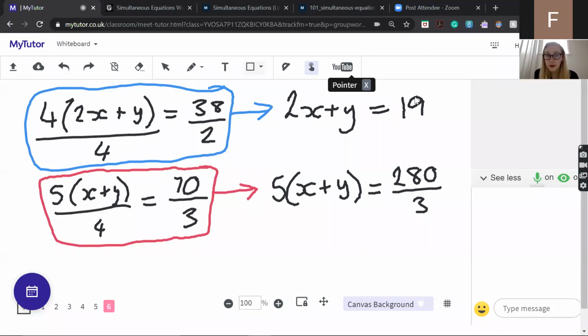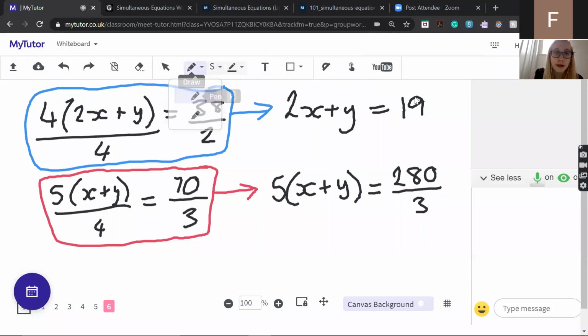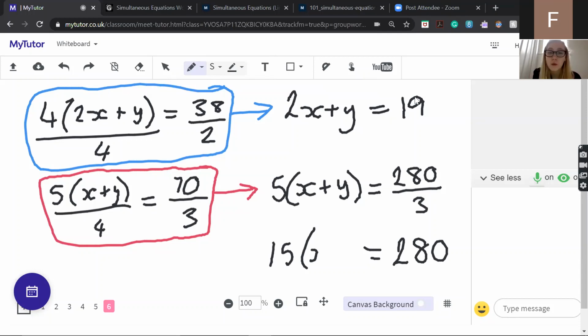So I'm going to multiply both sides by 3. So multiplying the right-hand side by 3 is going to just leave me with 280. And multiplying the left-hand side by 3 gives me 15 lots of x plus y. And that's because 5 times 3 is 15, so we're just timesing this bit by 3.